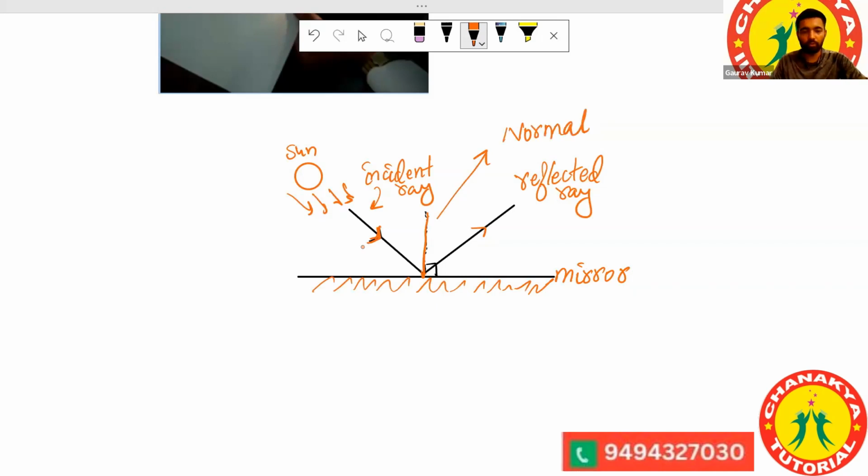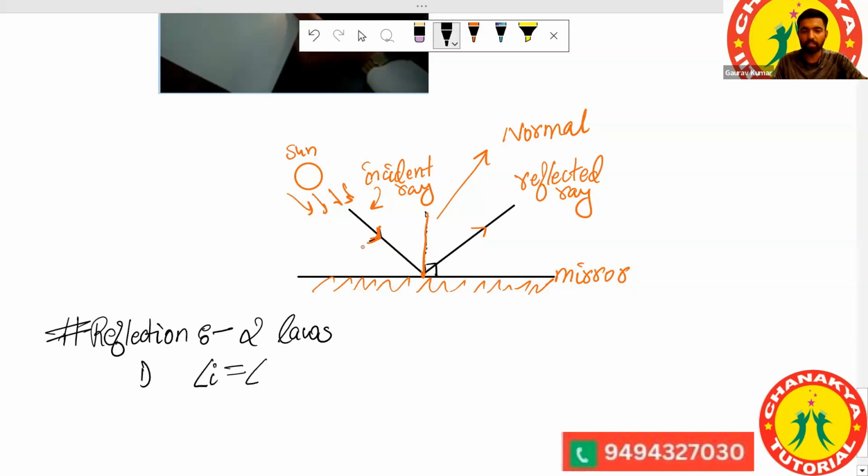So we are talking about reflection. There are two laws of reflection. First is that the incident angle is always equal to the reflected angle. What I mean by this is that if I draw a normal to this surface, this is the normal. How can we draw a normal?